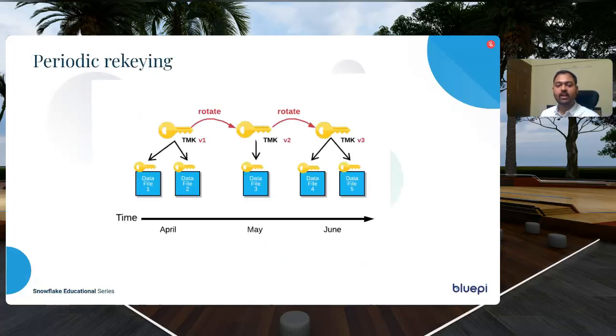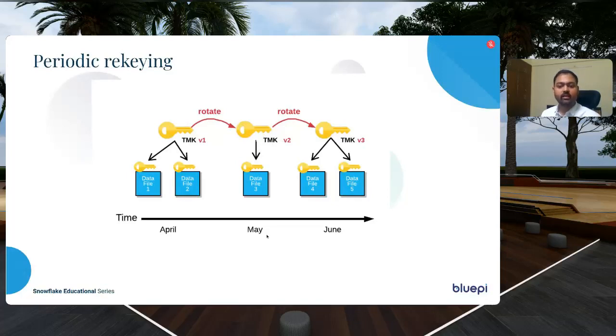The next feature is periodic rekeying. In Snowflake, all the Snowflake managed keys are automatically rotated by Snowflake when they are more than 30 days old. As you can see in this diagram, data files are encrypted using table master keys in the month of April, and in the month of May they are encrypted using another version of the table master key.